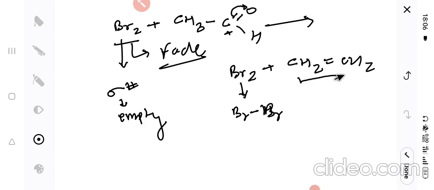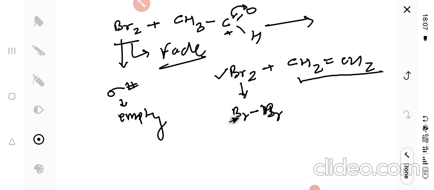This molecule is also non-polar, but a chemical reaction occurs. Of the two reaction factors you have seen, that either the molecule must have a charge or a dipole, meaning polar, in this case both are non-polar.